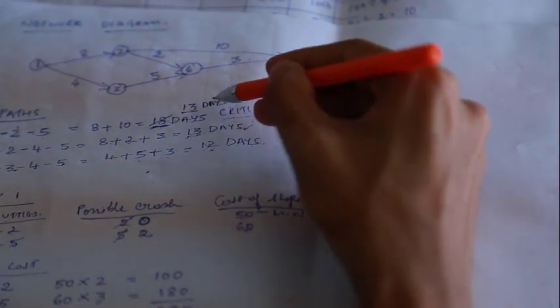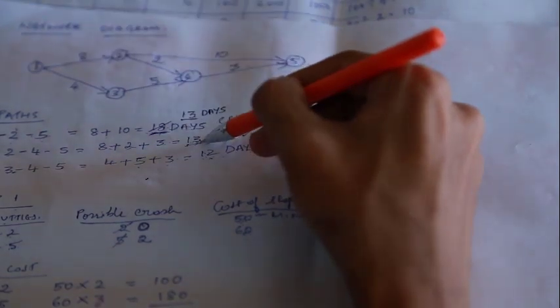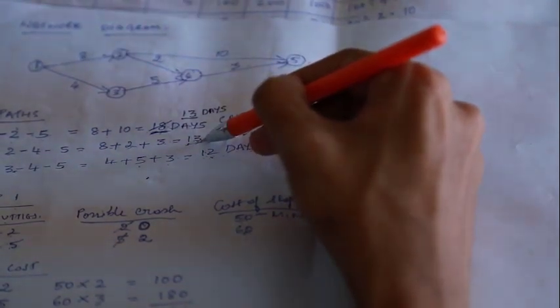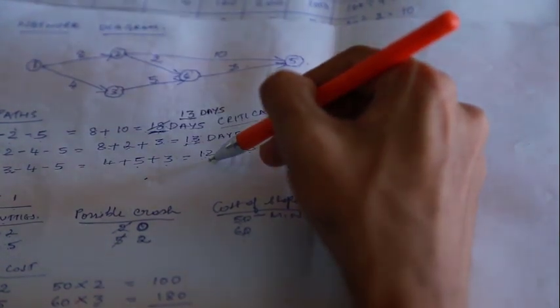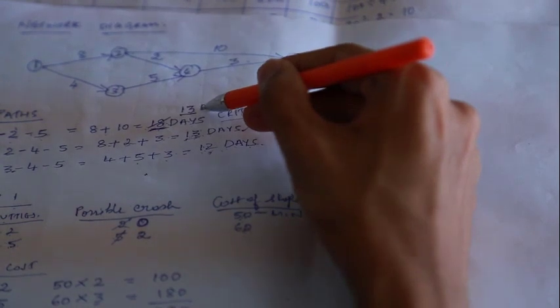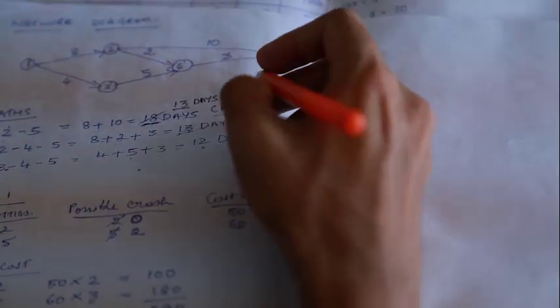Path number 1 has 13 days and path number 2 has 13 days, compared to the third path, which has only 12 days. So these two paths are taken as critical paths.